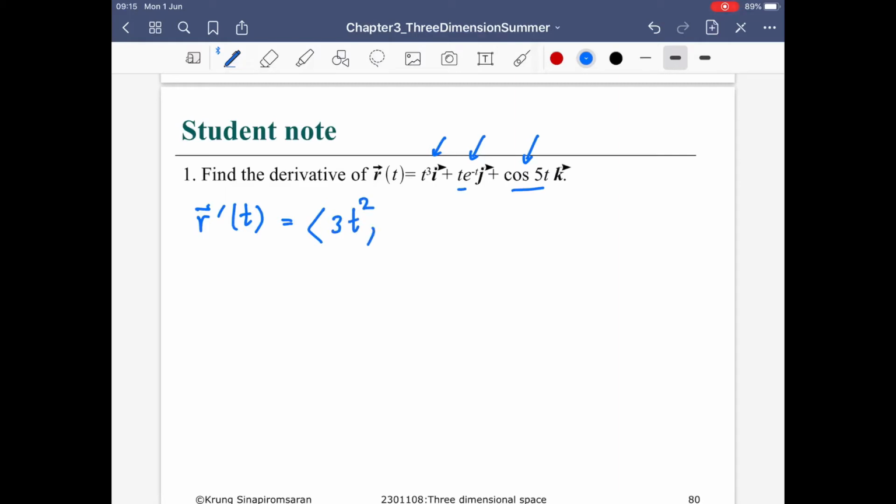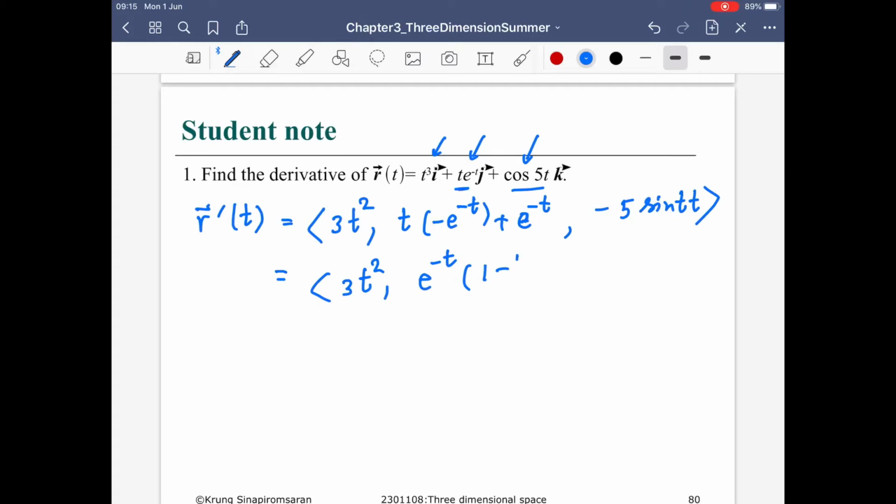The second component, you need to use the product rule: the first derivative of the second plus the second derivative of the first, which is 1. And then the cosine, you get -5 sine of 5t. You can simplify a bit, or you can just leave it like that, it doesn't matter. So that's the derivative.